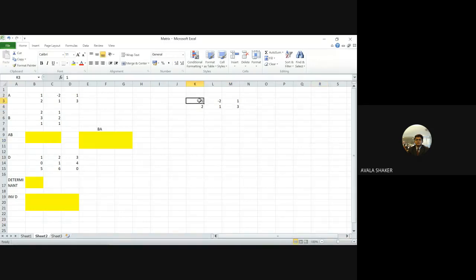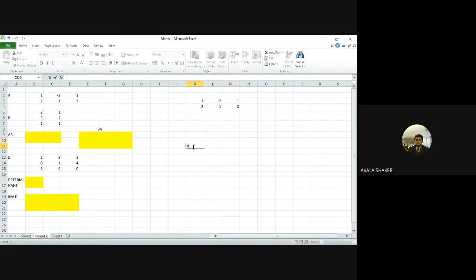So you can name this array. You select all the cells of this and go to the name cell here, and you can name it anything you like. Let's say we name it M. Okay, next time I don't have to select this array.